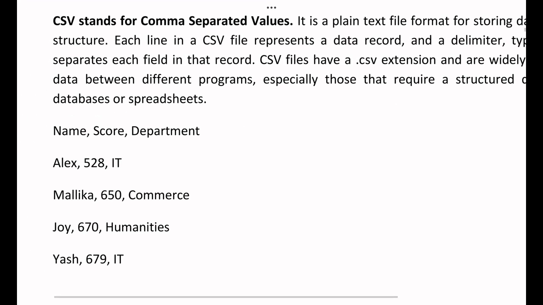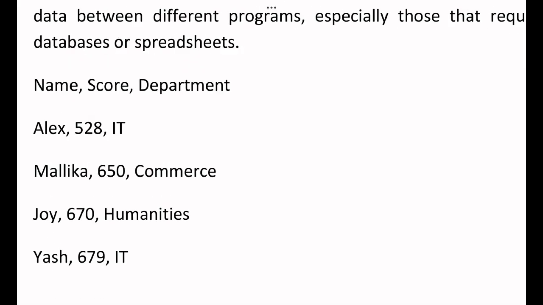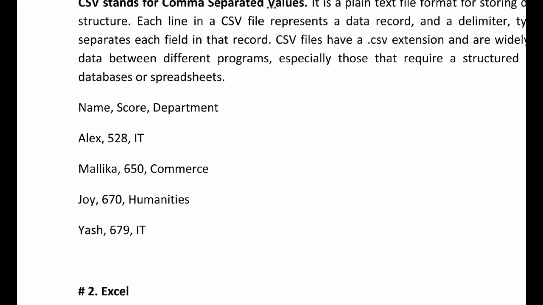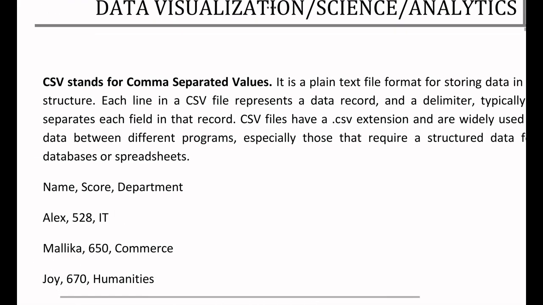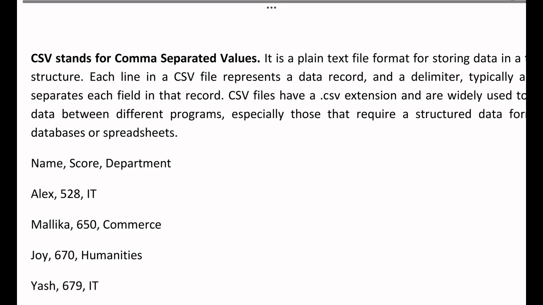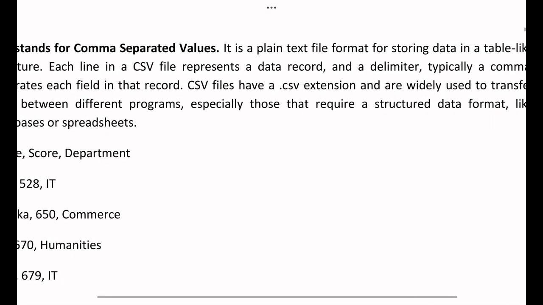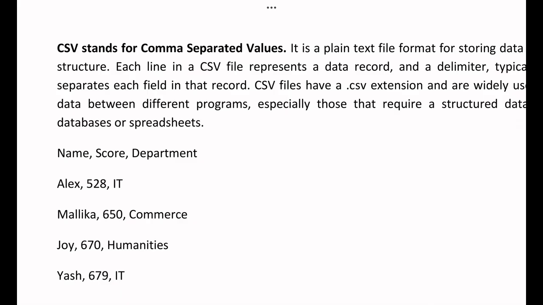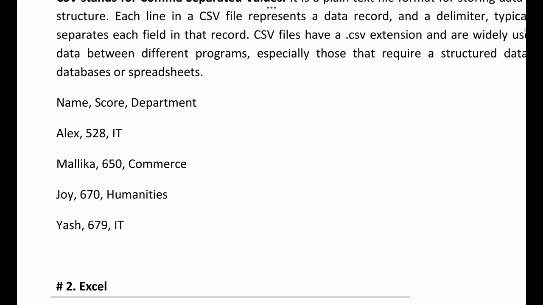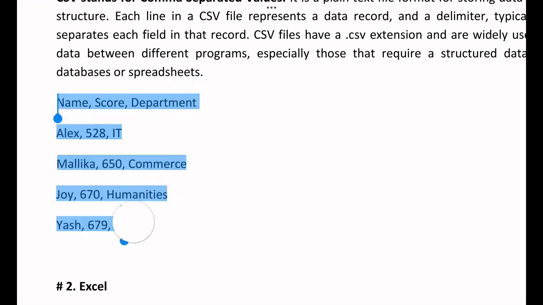This is the first line, this is the second line, this is the third line, this is the fourth line. It is separating the records, representing the data records. So this is comma separated value. This one you have to write everything in your txt document.